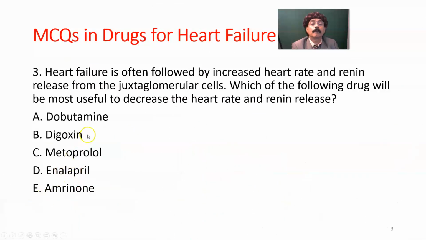Question number 3. Heart failure is often followed by increased heart rate and renin release from the juxtaglomerular cells. Which of the following drugs will be most useful to decrease the heart rate and renin release?